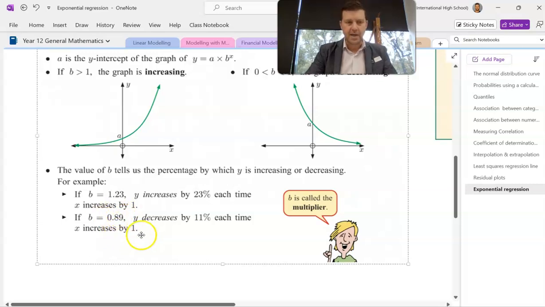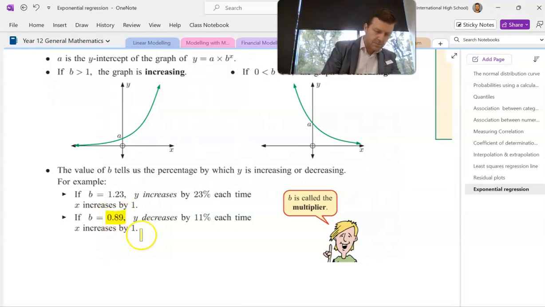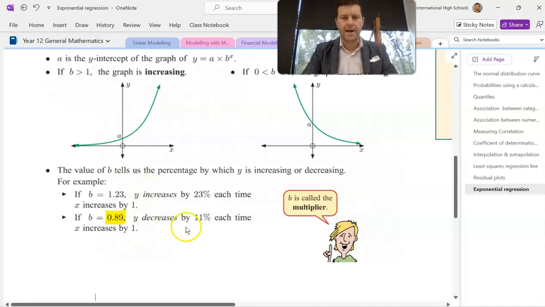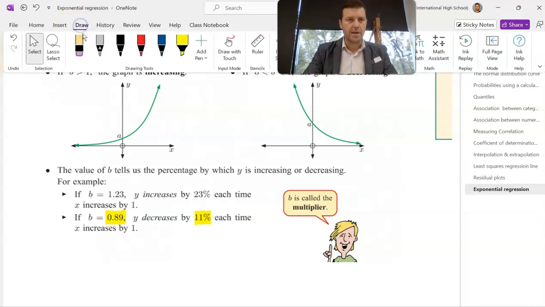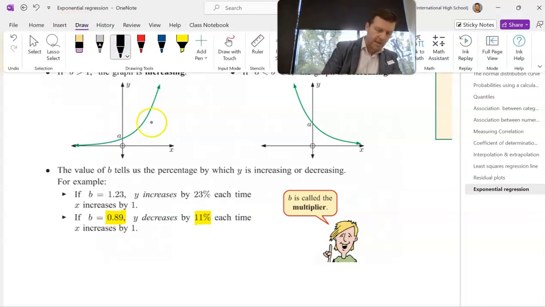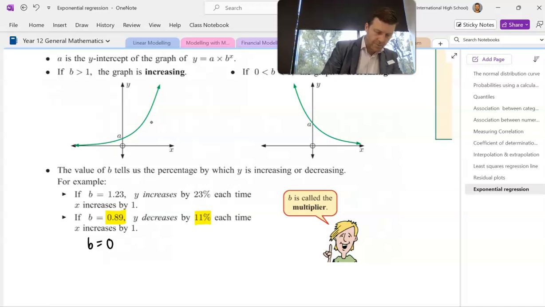So if b is 0.89, then it's showing an 11% decrease in the y value for every increase in the x value by 1. If, for example, b equaled 0.65, then it would be showing a 35% decrease.